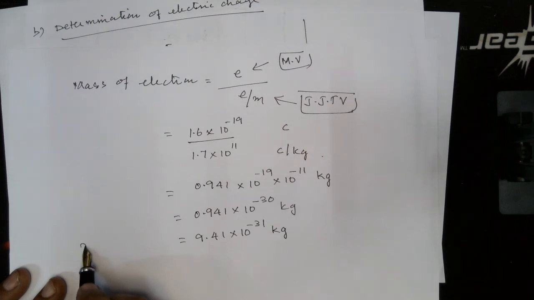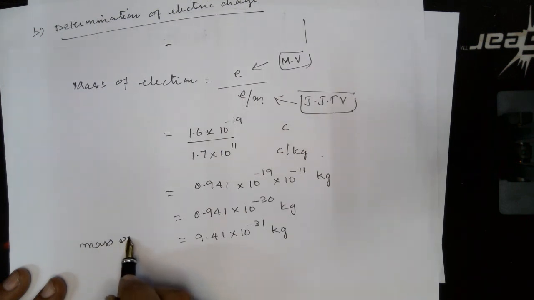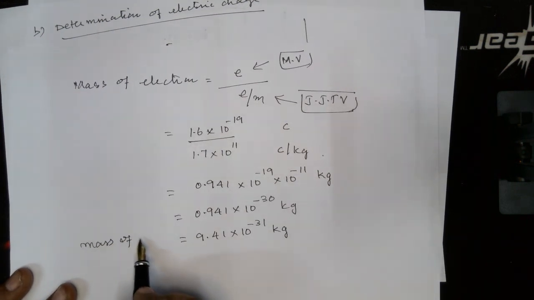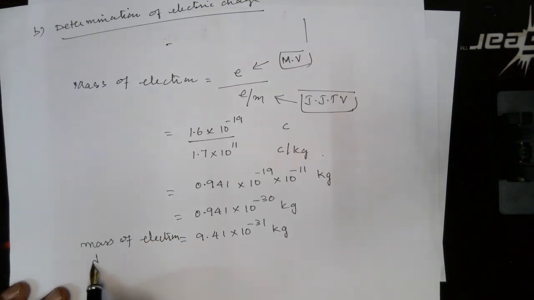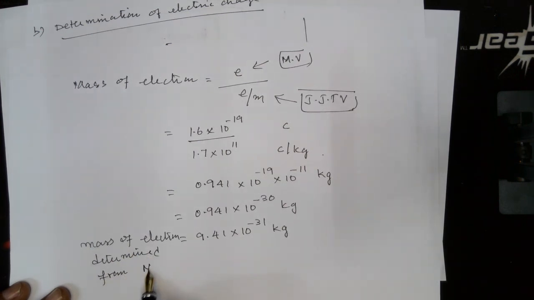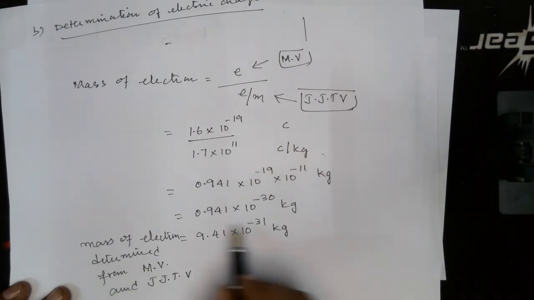So this was the mass of electron determined from Millikan's value and J.J. Thomson value. Okay.